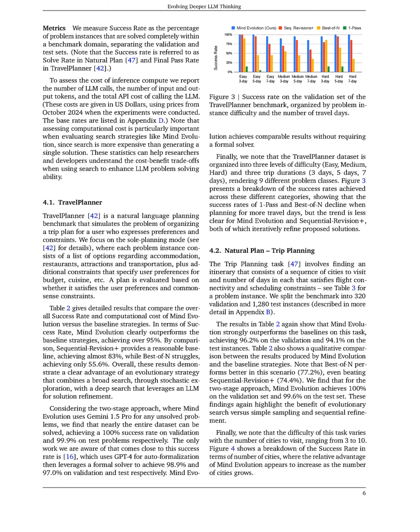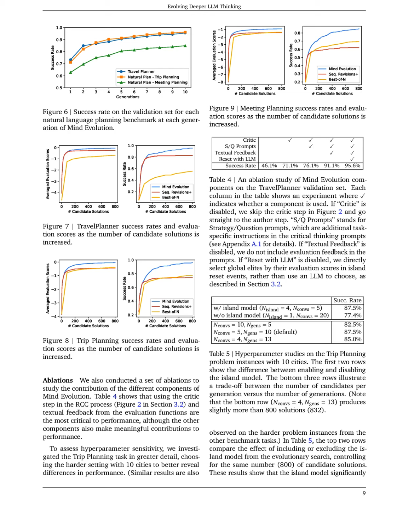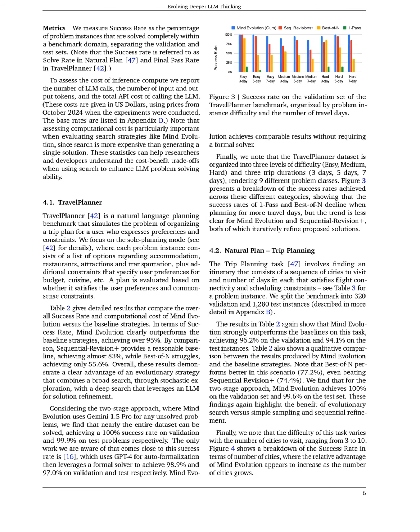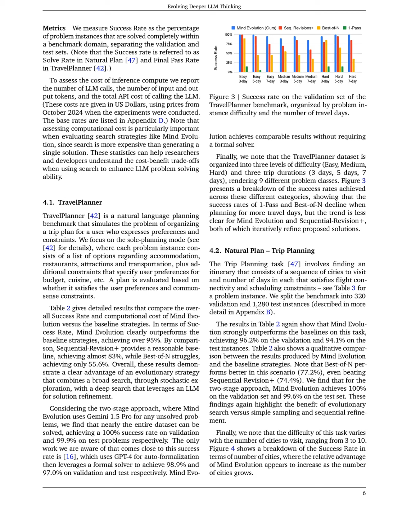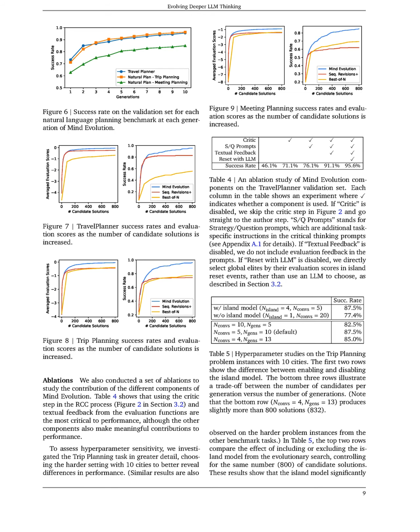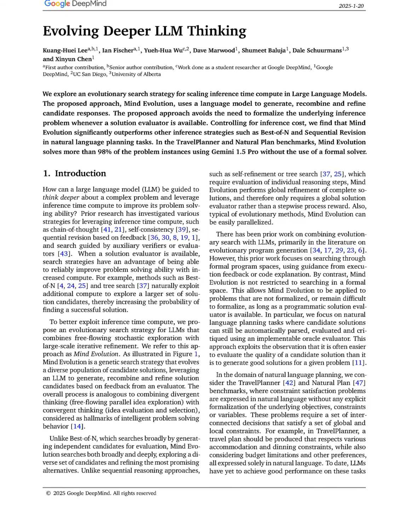For the trip planning task, mind evolution achieved a success rate of 96.2% on the validation set and 94.1% on the test set, while the best baseline, best of N, only reached 77.2%. In the meeting planning task, mind evolution attained an 85.0% success rate on the validation set and 83.8% on the test set, with a two-stage approach using Gemini 1.5 Pro achieving even higher rates of 98.4% and 98.2% respectively.